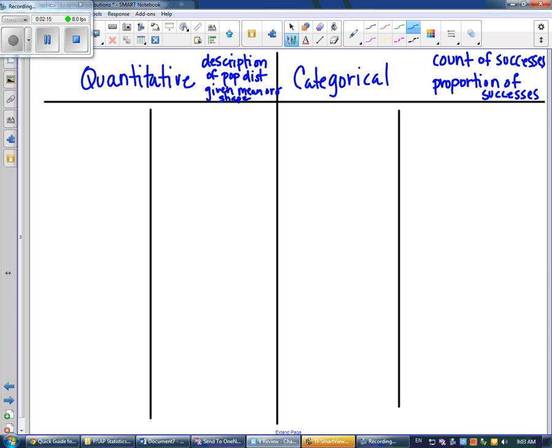I want to distinguish between how to handle situations when you have small samples versus when you have large samples. So if we're looking at sampling one item or one individual versus sampling many.